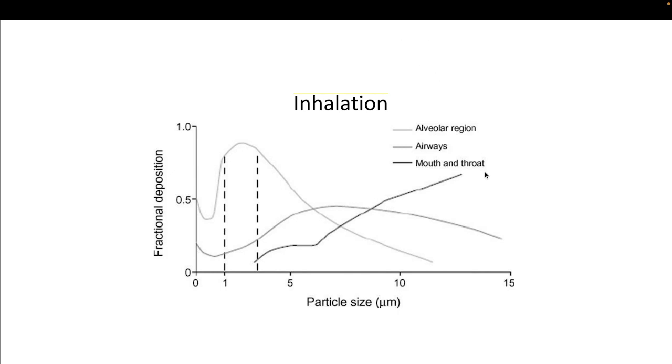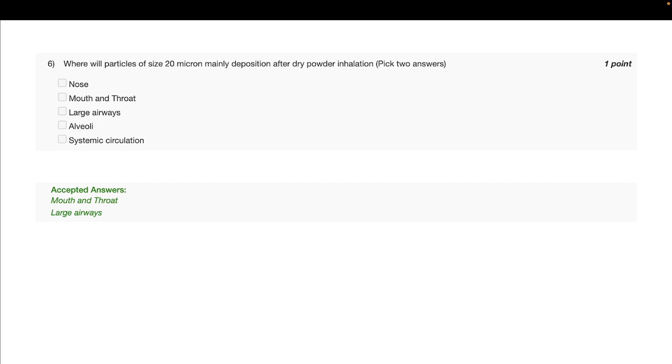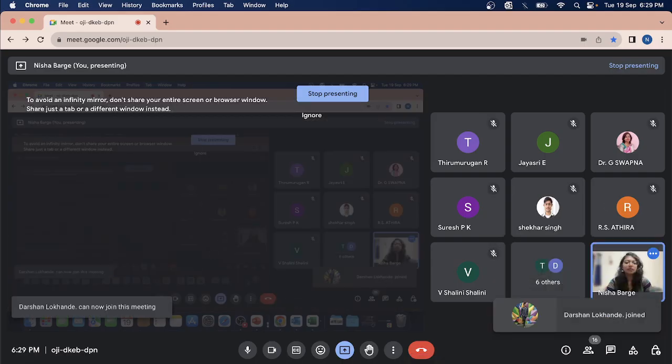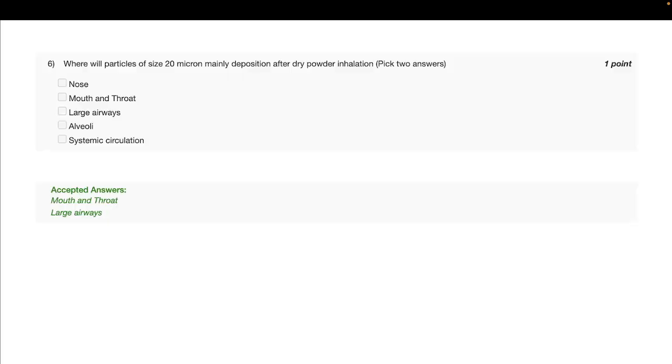Your particle is very large, 20 micron, so it will mostly be trapped in the upper bronchiolar region, mouth and throat, in the larger airways of the lungs, and will not be able to reach the alveolar region. So the correct answer is mouth and throat and large airways. Is it clear? Any doubts here? No, ma'am. Okay. Thank you.